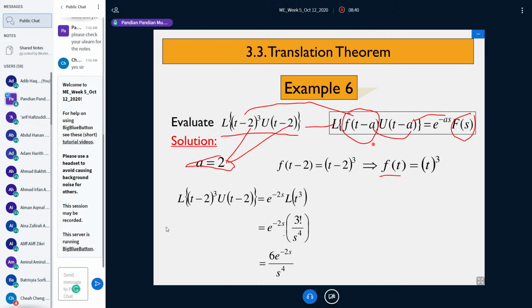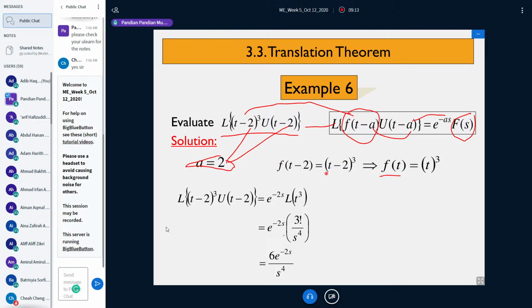First you match this. Then if f(t-2) is (t-2) cubed, the t-2 you must make it t. It's just like you substitute t-2 with, for example, r. So f(r) is r cubed.